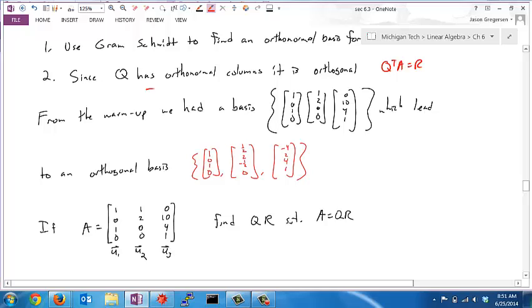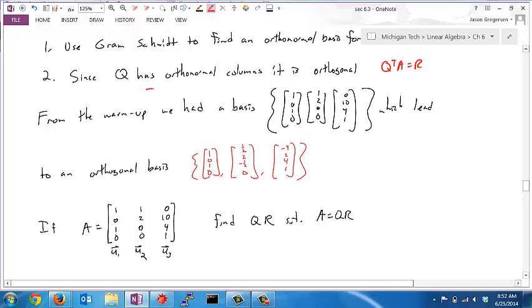What is Q? Q is the orthonormal basis. Do I just put these right into Q?